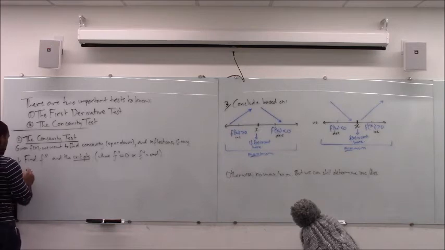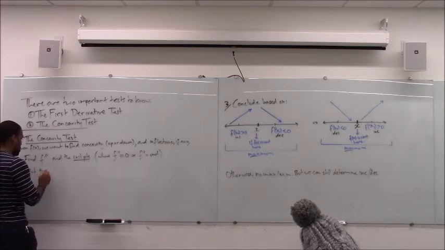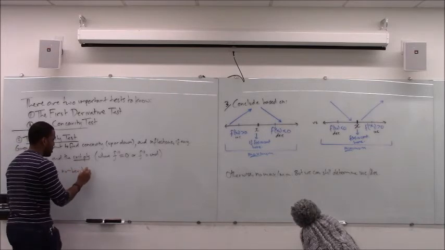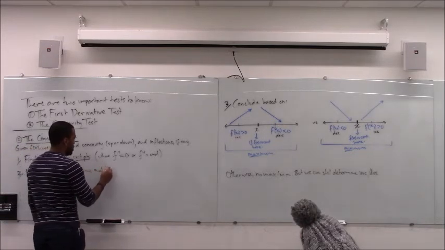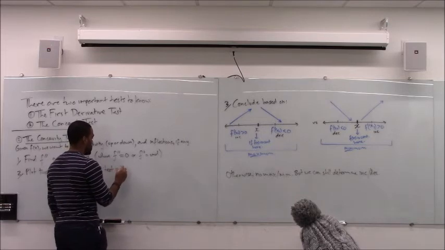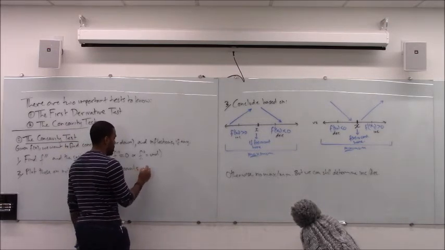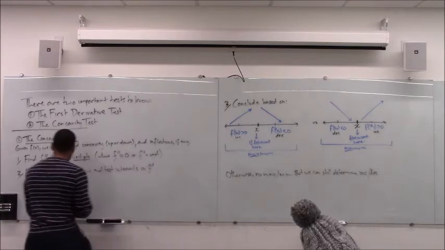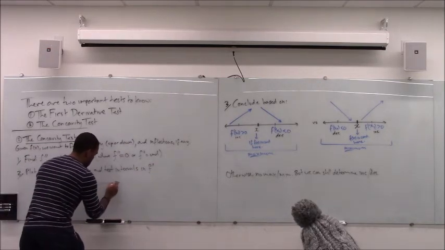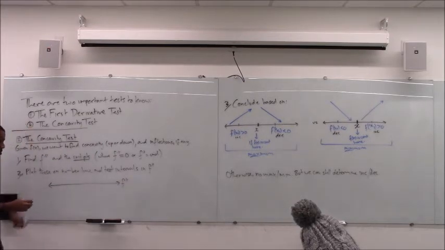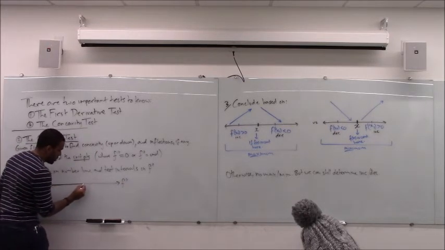Then, again, plot on the number line. Test the intervals that it creates in f double prime. So you're going to draw your number line. You're going to label that f double prime because you don't want to mix it up with the number line from the previous step. Right?